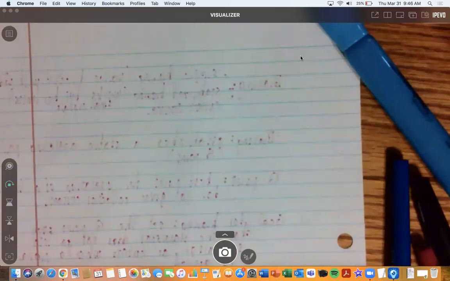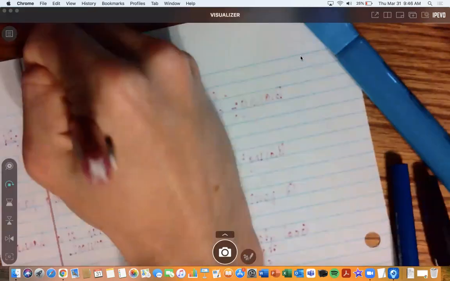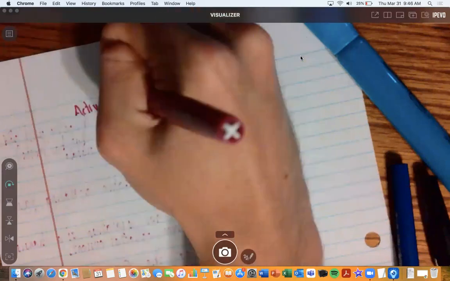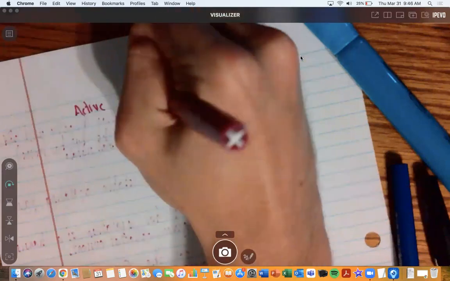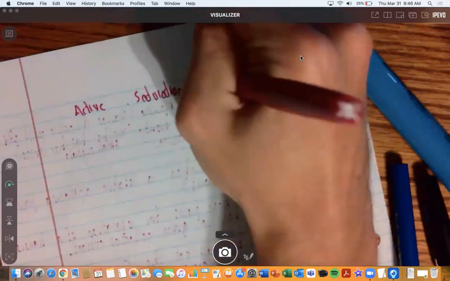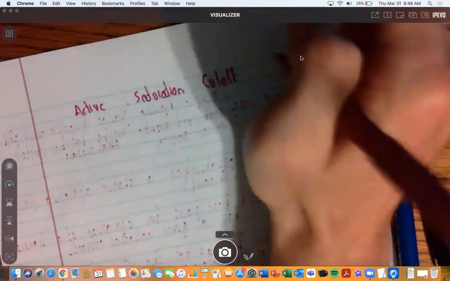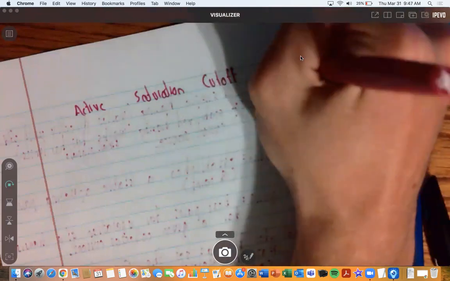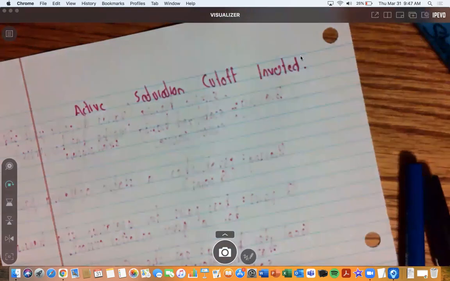And so now that we talked about that, let's look at the 4 different modes in our graphical representation. We can have active mode, which is one type. We can have saturation mode, which is the second type. We can have cutoff. And we can have inverted mode. So those are the 4 types of modes our transistor can be in.